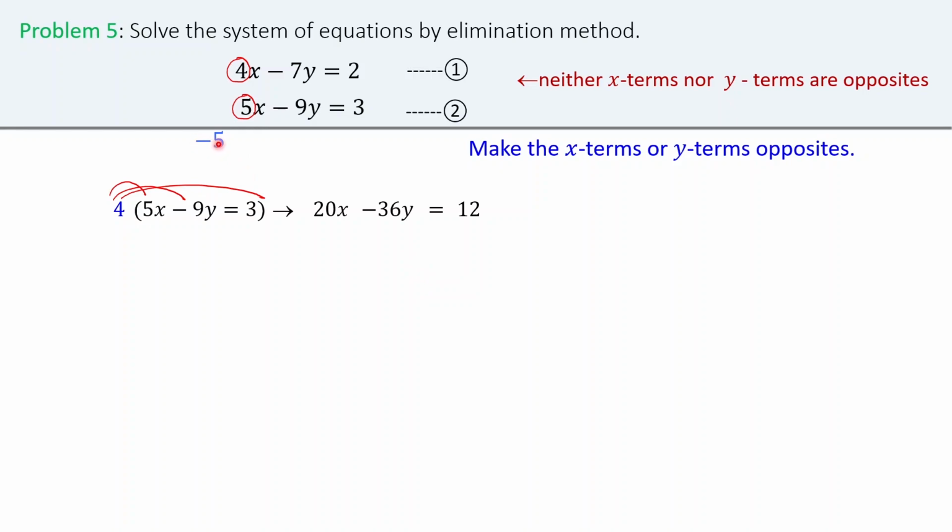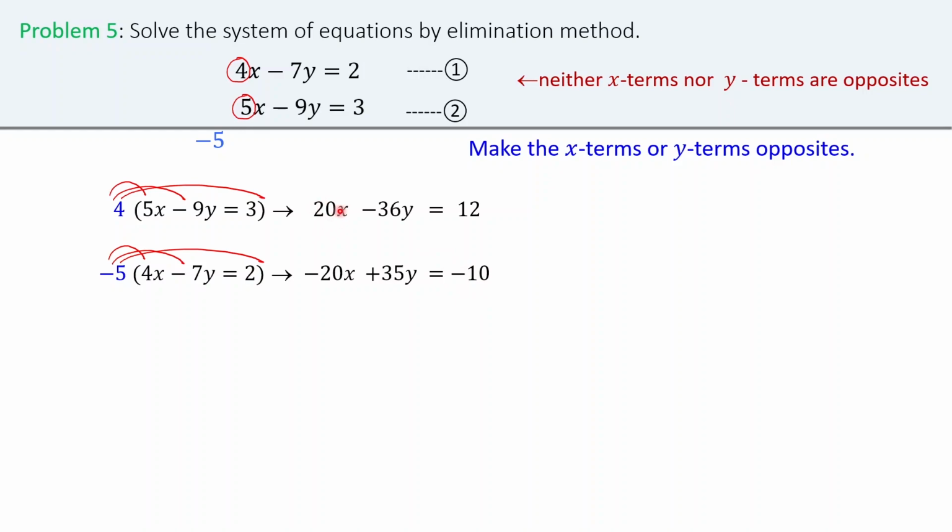Next, multiply this number with this equation. Remove the parenthesis. Negative 5 times 4x is negative 20x. Negative 5 times negative 7y is positive 35y, is equal to negative 5 times 2, which is negative 10.